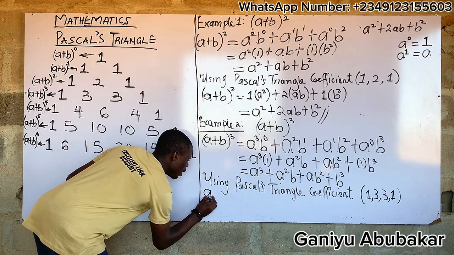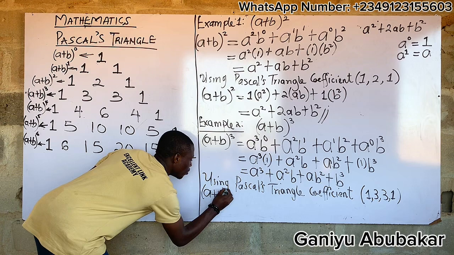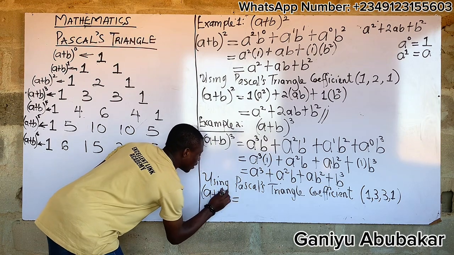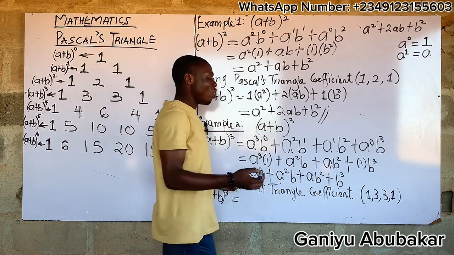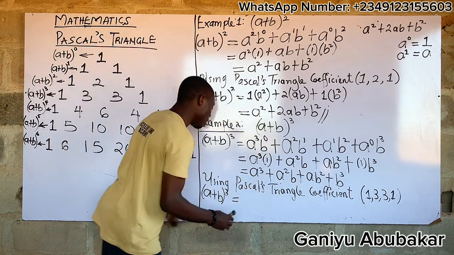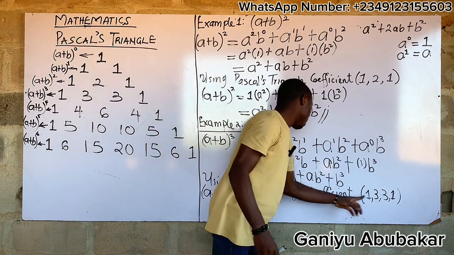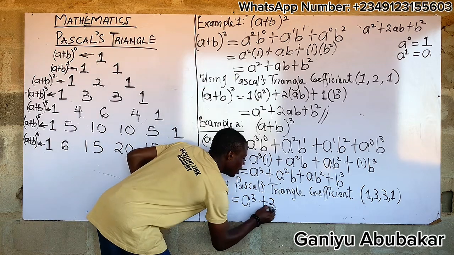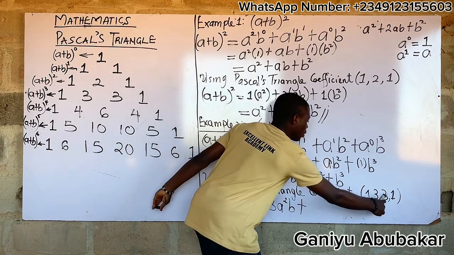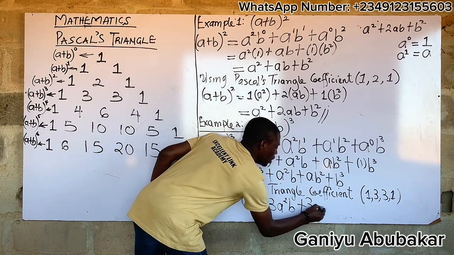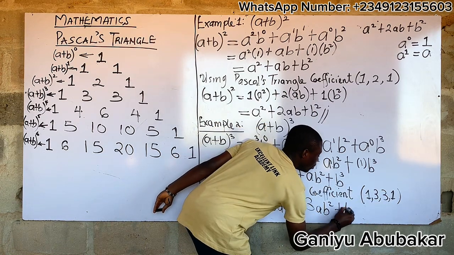So if I expand (a + b) all cube, what do I get as my answer? We said attach, this is 1, or let's say 1 times a cube, that becomes a cube, plus 3 times a squared b, that's 3a squared b, plus 3 times ab squared, that's 3ab squared, plus 1 times b cube, that becomes your b cube.